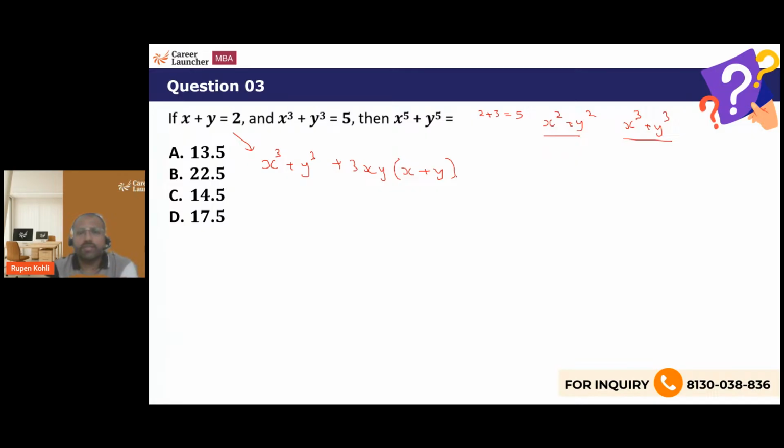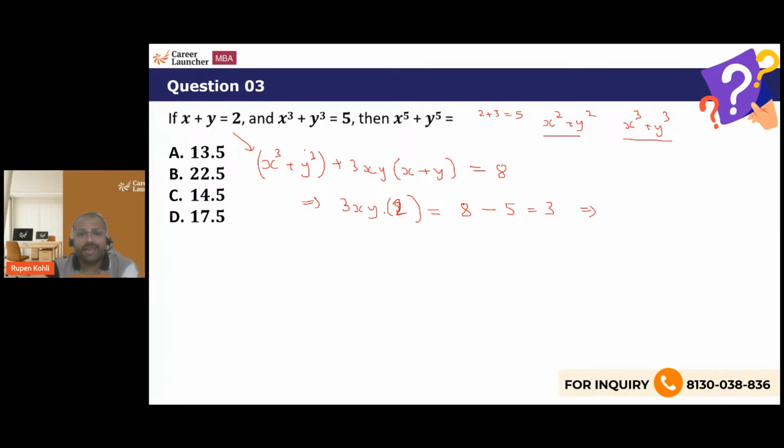So this equals 8 from the first equation by cubing it, whereby now I can replace x cube plus y cube as 5 from above. So 5 goes over there, and in the next step I can say that 3xy times x plus y, and x plus y itself I know is 2. So 3xy into 2, and this equals 8 minus 5, and this is 3.